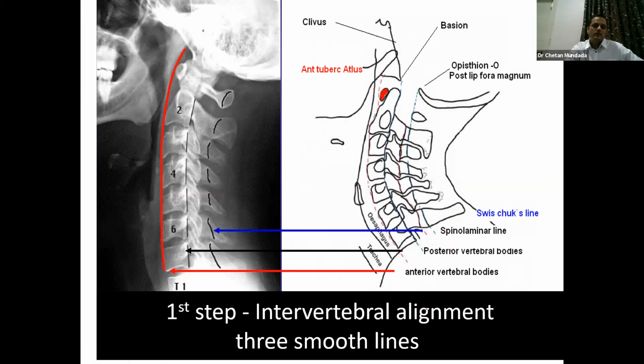The first line is the anterior vertebral bodies. The second line is the posterior vertebral bodies, and the third line is the spinolaminar line. If they are in unison, in line, that means there is no fracture or dislocation.